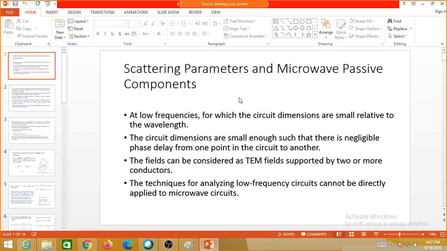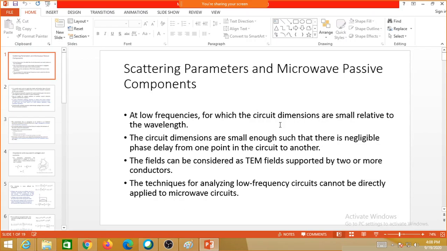You might have known that at low frequency the dimensions of the circuits are very small relative to the wavelength. If you operate in terms of kilohertz or megahertz, the wavelength itself is in terms of meters, while the circuit dimensions are just a few centimeters.